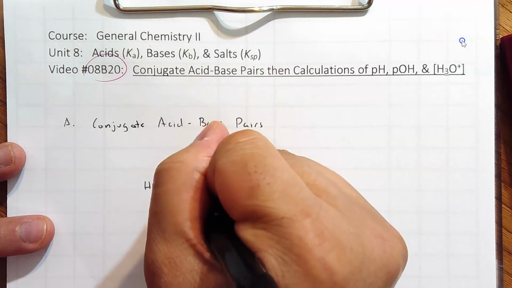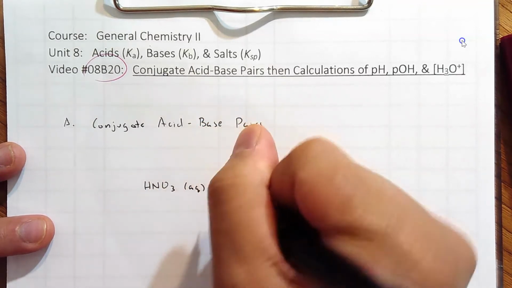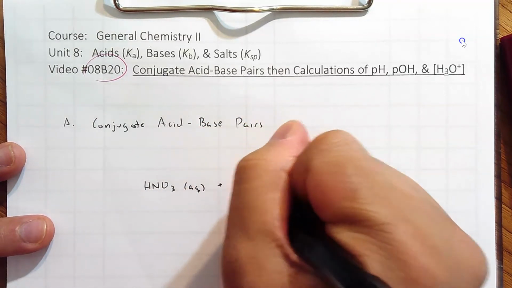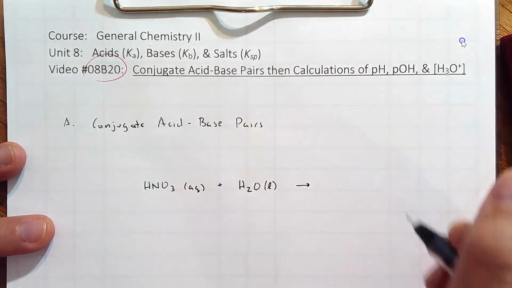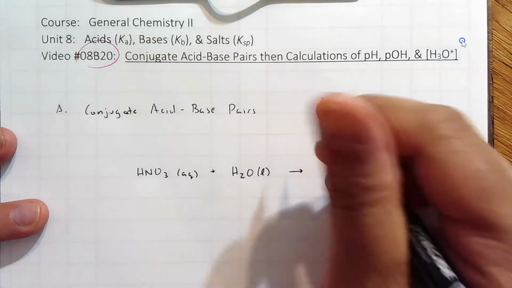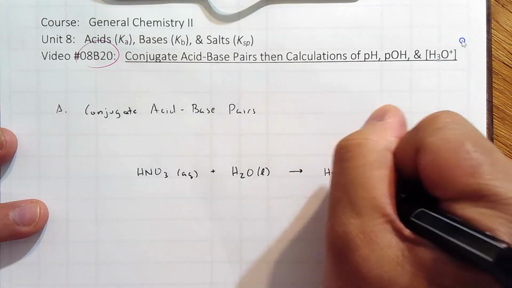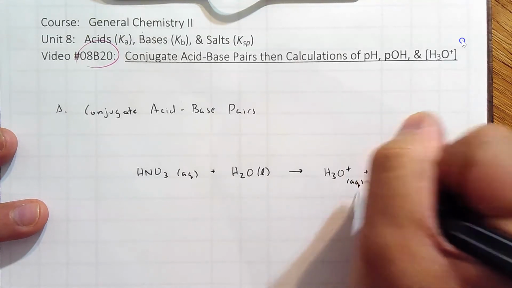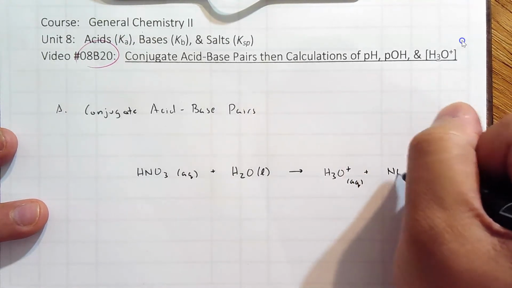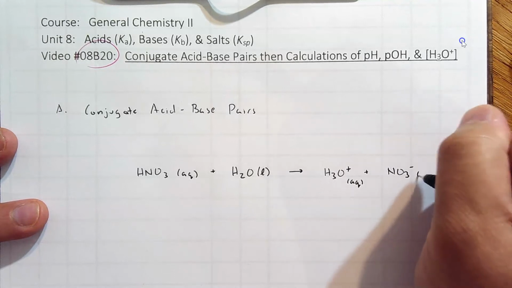We'll put the phases, aqueous. We put that into water, liquid, and we get full dissociation into H3O plus, that's aqueous, plus the anion, NO3 minus.